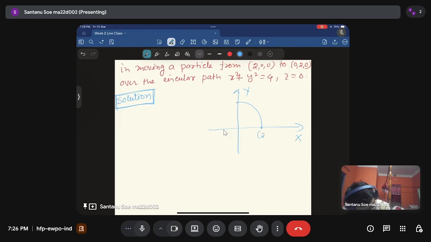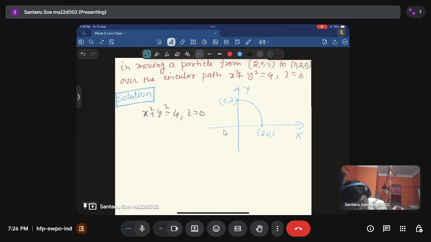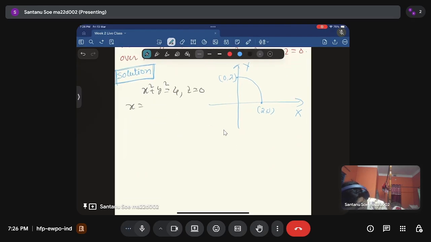So this is (2, 0) and (0, 2). Now since x square plus y square equals 4 and z equals 0, we can write the parametric form as x equals 2 cos t, y equals 2 sin t, and z equals 0.